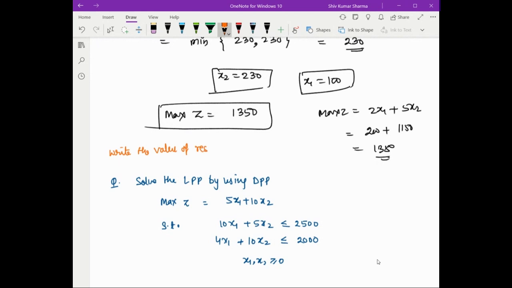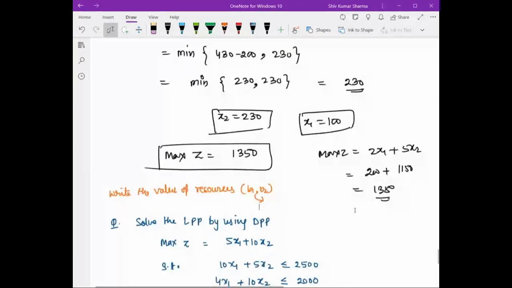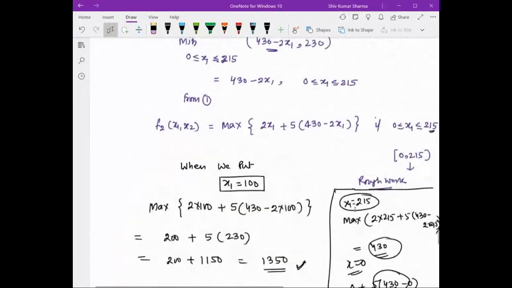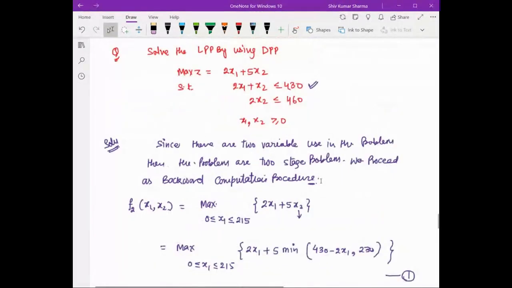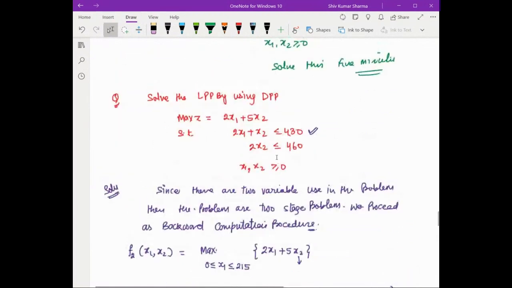Write the value of the resources, in the form of B1, B2. So what is the answer? What is a resource? You solve lots of problems in LPP, in optimization techniques, and here in advanced optimization techniques. So what is your answer?